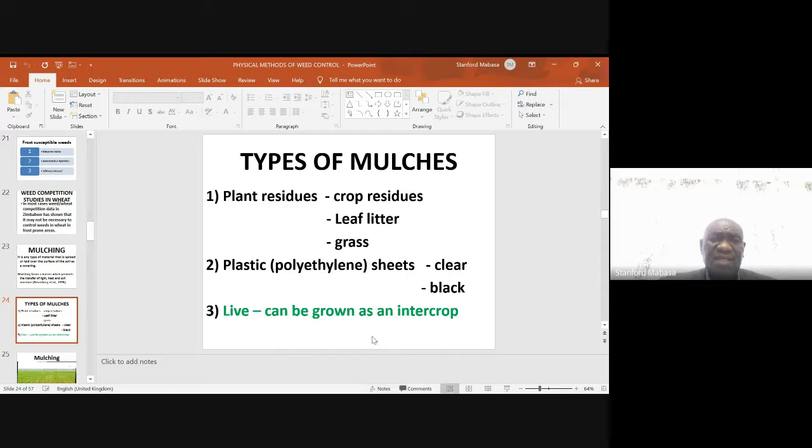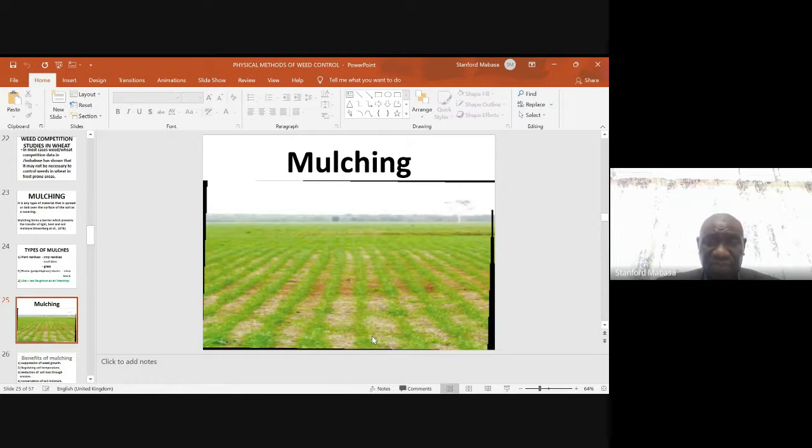We've got plant residues, crop residues, leaf litter, grass. Then we could have plastic polythene sheets, which can be clear or black. Or we could talk of live mulch, which can be grown as an intercrop. Here we've got a crop which was mulched.